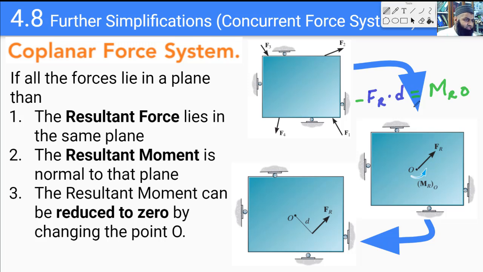So the magnitude of d would simply be equal to the magnitude of the couple moment divided by the magnitude of the resultant force. And I add a negative sign just to remind us that we have to move the force in the direction such that the couple moment produced by the force is in the opposite direction.